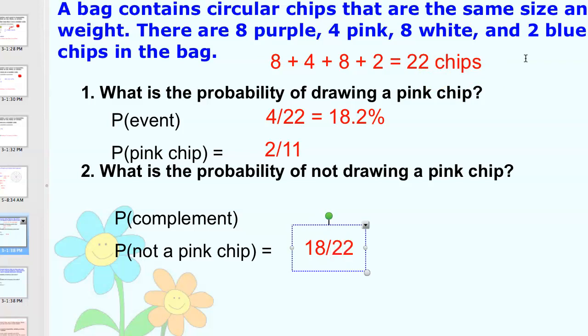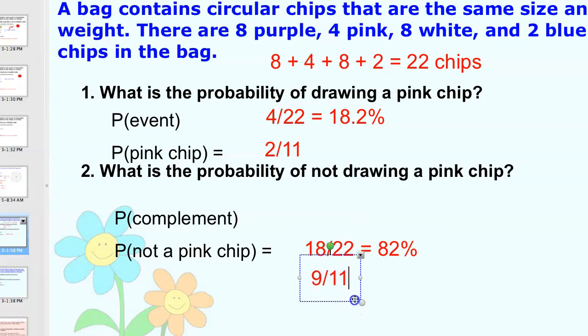Okay, 18 divided by 22 is 0.818181 repeating. We have to multiply that by 100 to get the probability, and that's 82%. Okay, or the simplified fraction would be 9/11ths.